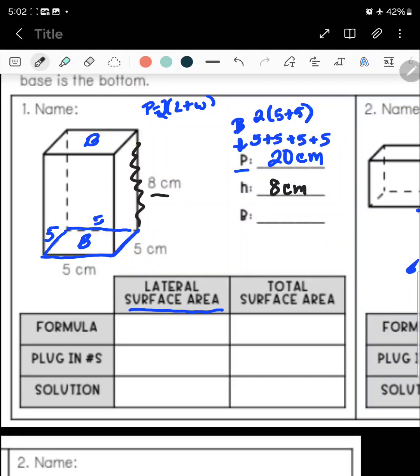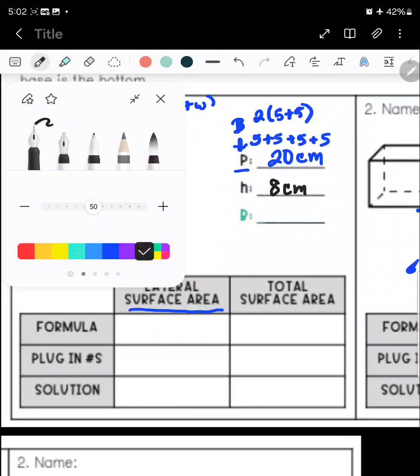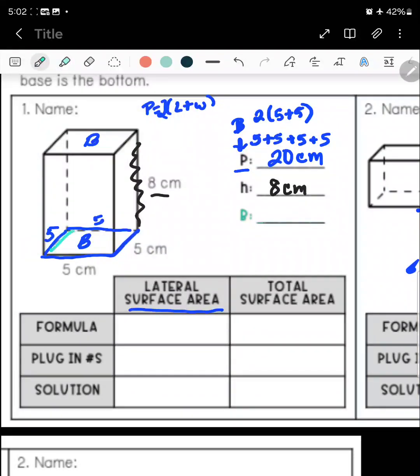And then your base, remember that the base was the rectangle, so choose a different color for the base. And basically you're just gonna find the area of this rectangle right here. So all you need are the length and the width, and you're just gonna multiply. Okay, so basically to find that, it's just 5 times 5.